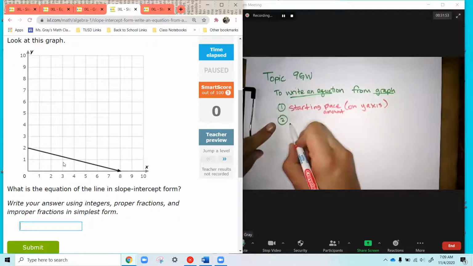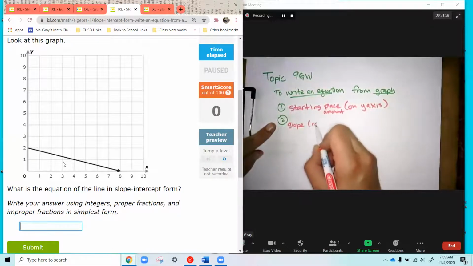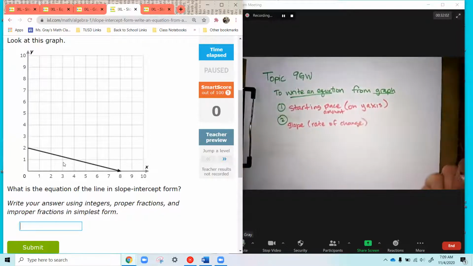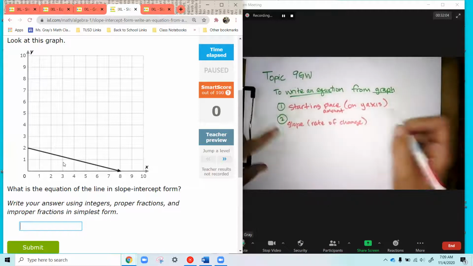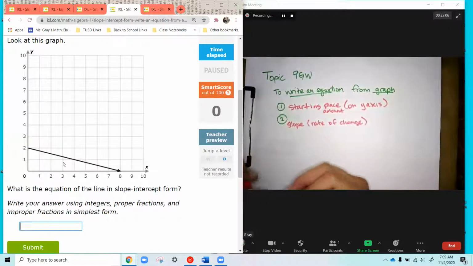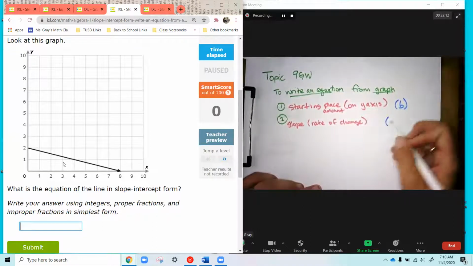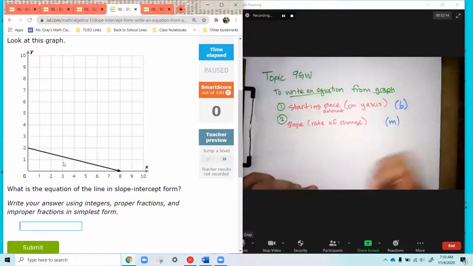So I need to know the rate of change, the slope, which I can see by just finding points on the graph. And I'm going to plug these things in, right? So this is what I would be calling b, my starting amount, my y-intercept, and then my slope is m.